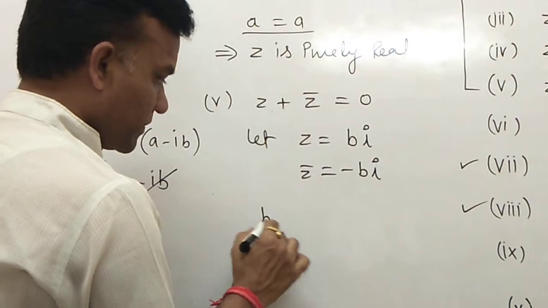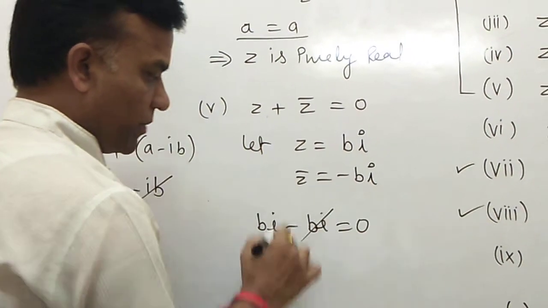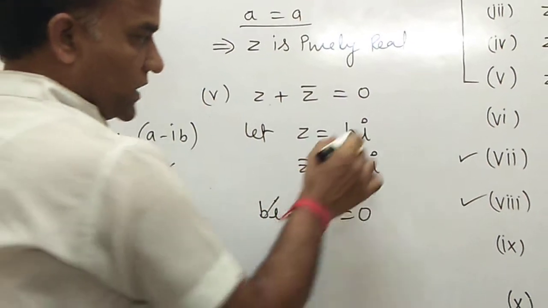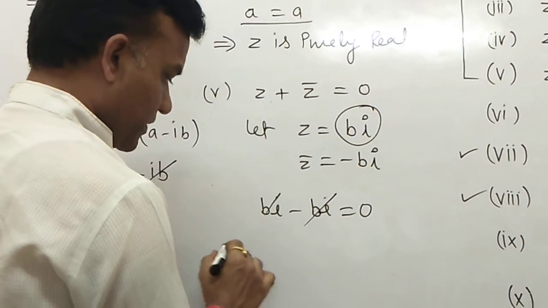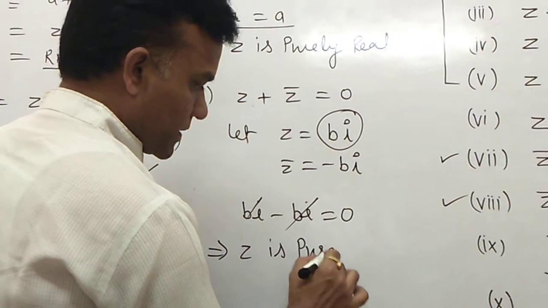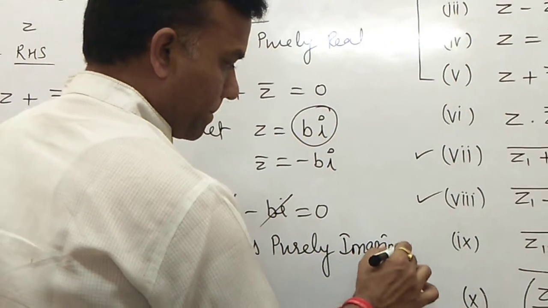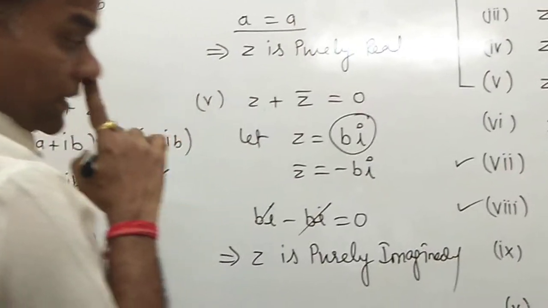Now here we put ib minus ib, so the resultant is 0, because this is cancelled out. So this is 0, which implies z is purely imaginary. Okay, so there is no change.